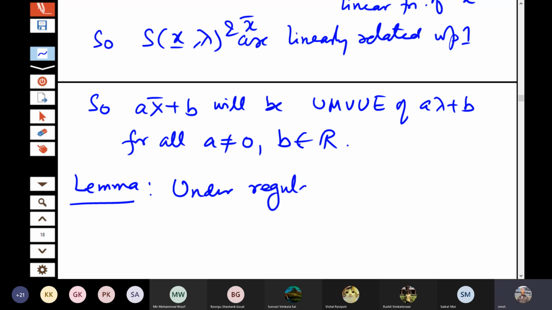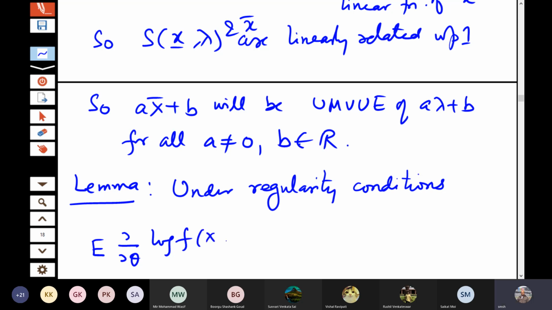So whatever regularity conditions are given, the expectation of (∂/∂θ log f(x;θ))² was the term which I am considering in the information matrix. Basically, n times of this is the information measure.